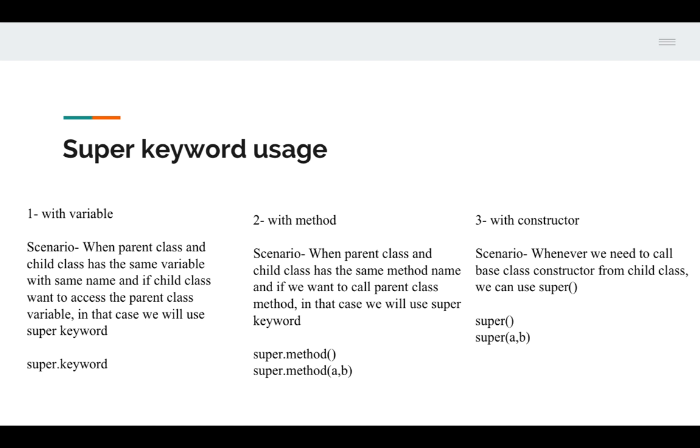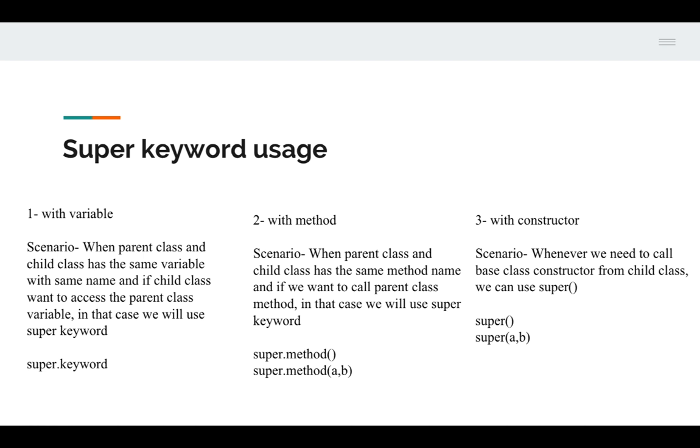But for the time being, let's focus on the theory part as of now. Same scenario with methods. If the parent class and child class both have the same method name, let's say calculator, then from the child class, if you want to call the base class method, you have to use the super keyword again. Okay, same goes with constructors. Now a constructor works in a little different manner.